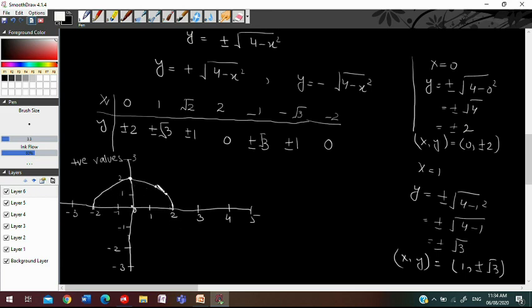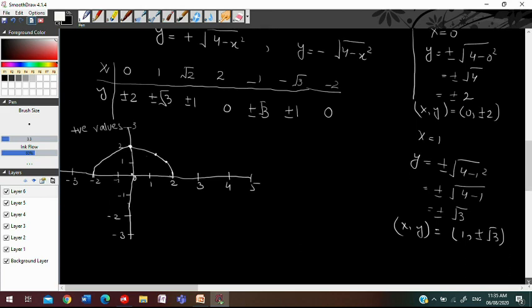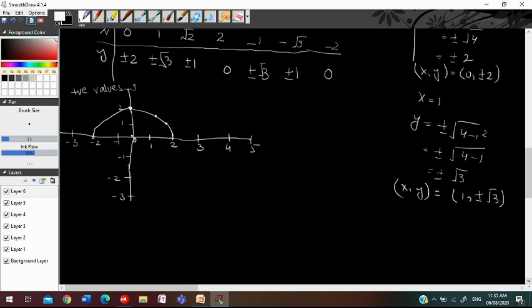This is the positive part of your circle from -2 and 2. This is the upper part, or we can say the positive part of your graph. I have made this graph for all the positive values of our circle.